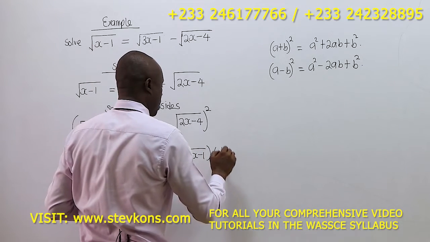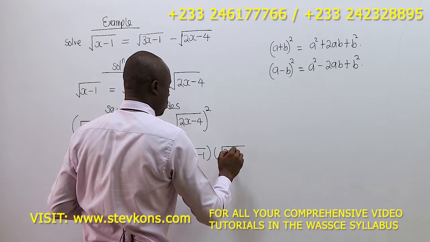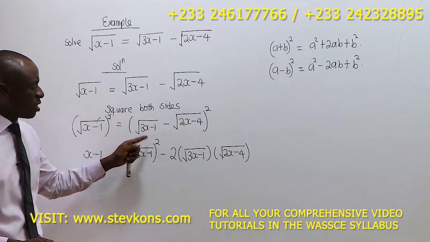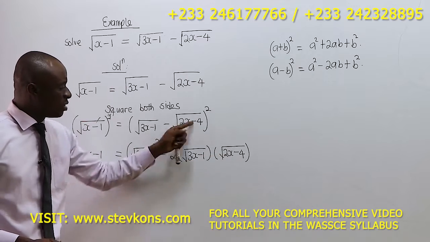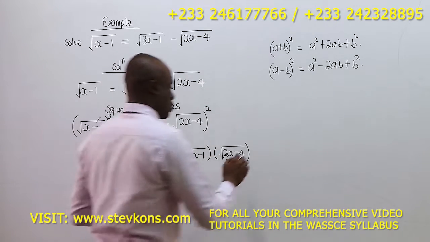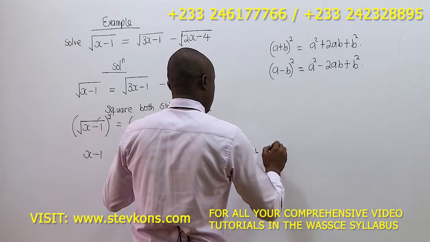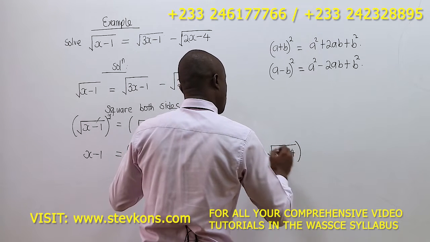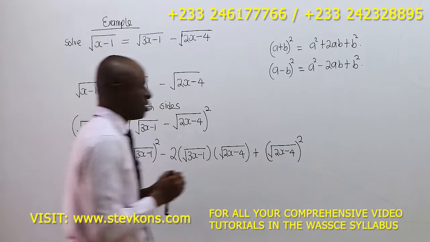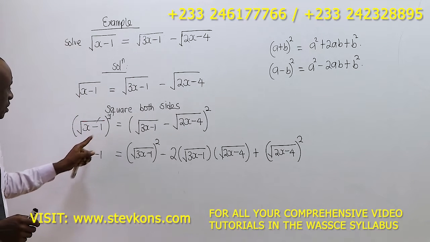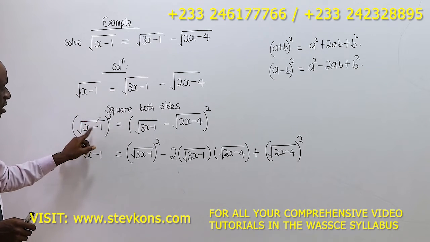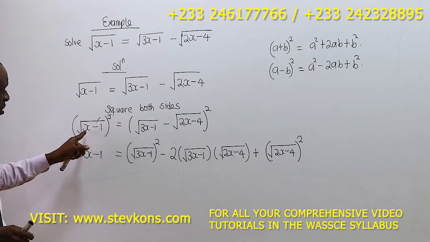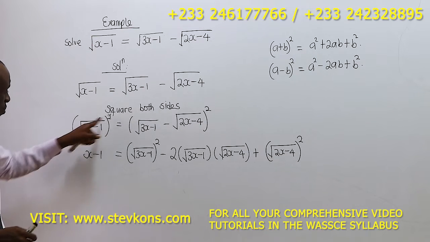Our b is root 2x minus 4. So you have a squared minus 2ab plus b squared. So our b, we have root 2x minus 4 all to the power 2. So root x minus 1 all square, this will cancel this.